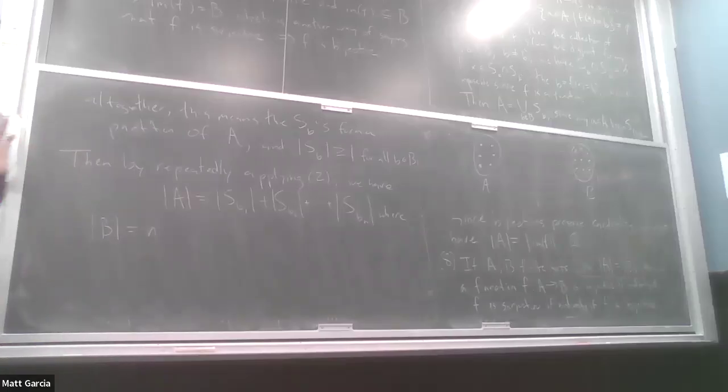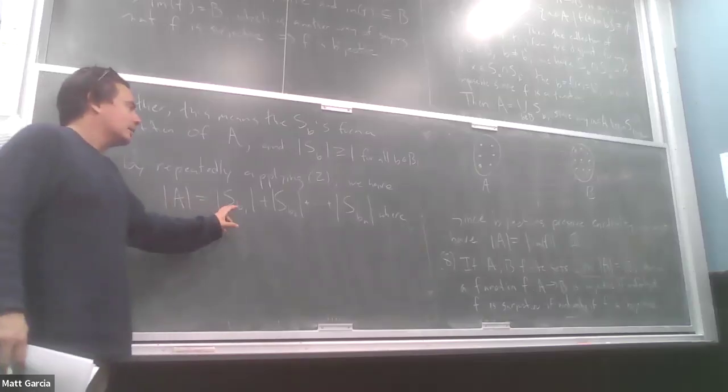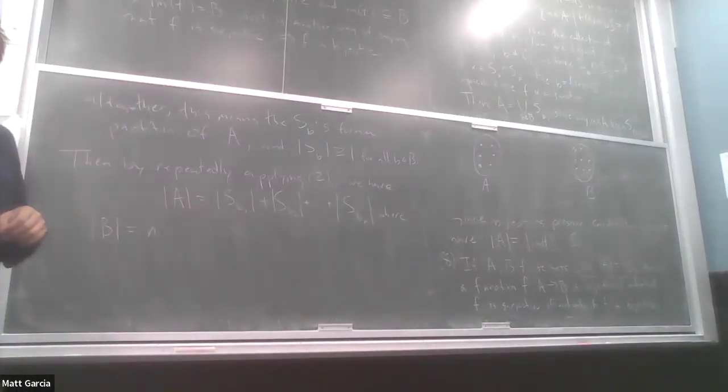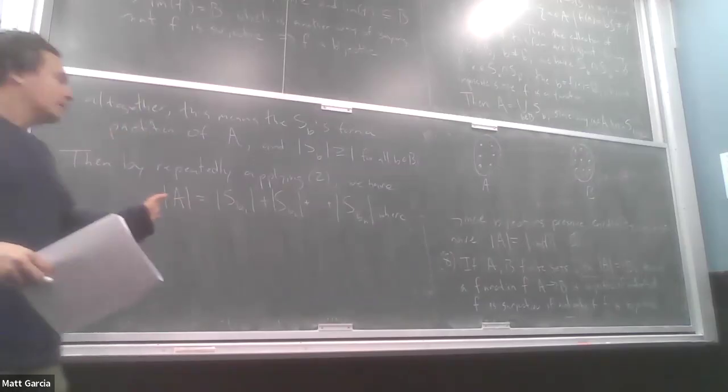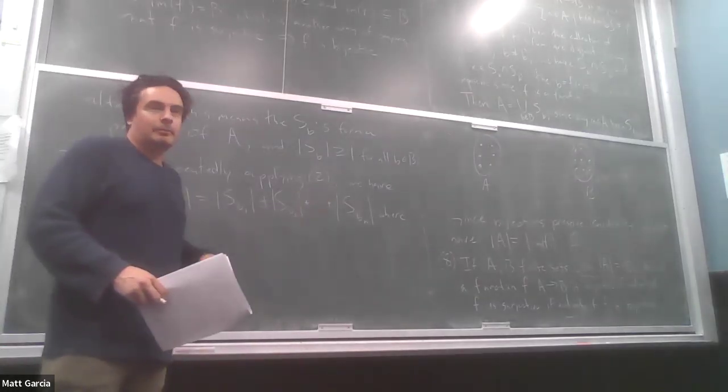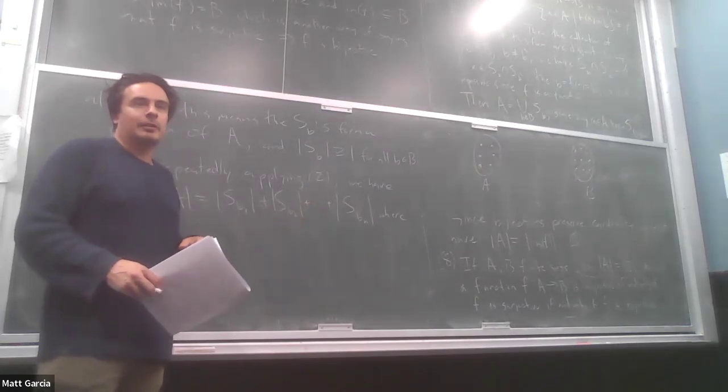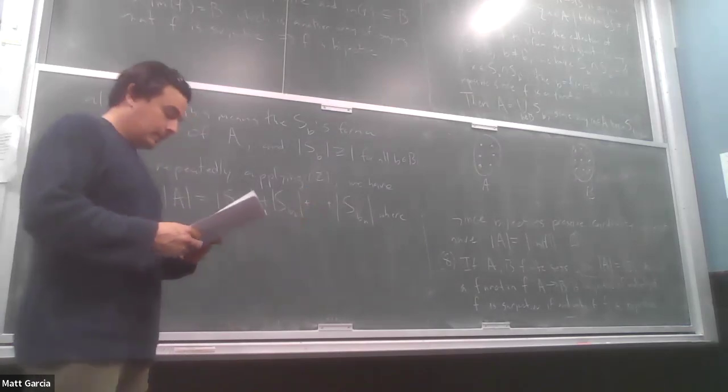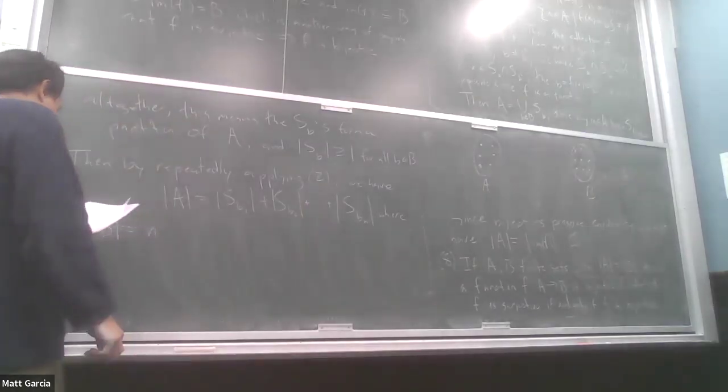Right, so there's n elements in B altogether, and I just take each of the sets that are elements of my partition, and they're pairwise disjoint, so I will get this sum of cardinalities is the cardinality of A.